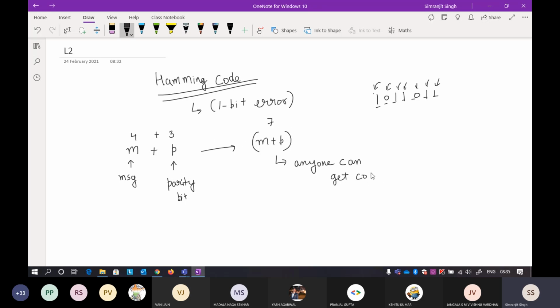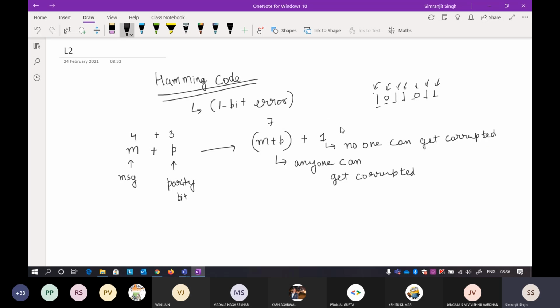There are 7 total possibilities that any one of the 7 bits can get corrupted. And there is one other possibility, that nothing is getting corrupted, which means that there is no error. So it can also happen that there is no error.